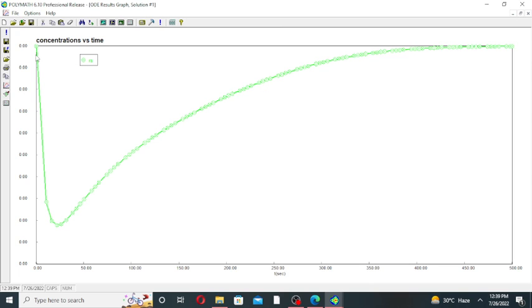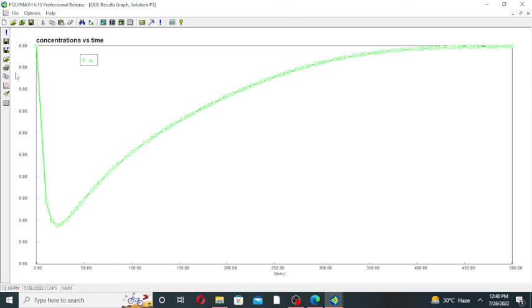So you can see, I already said that for plus rA the rate will be like this, but for minus rA the rate will be this type. Already discussed it. So at 20 seconds the rate of A is maximum.